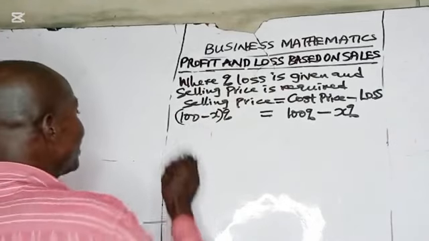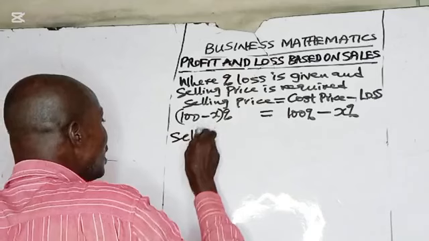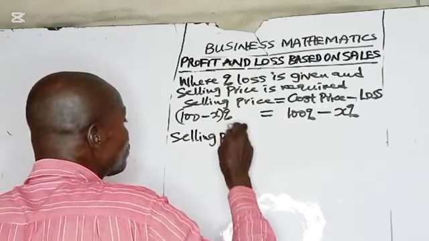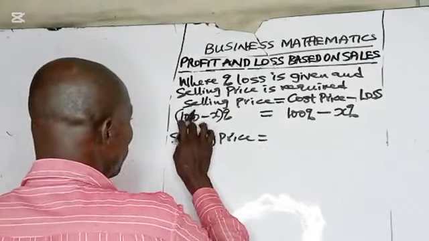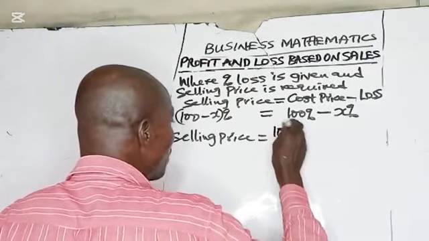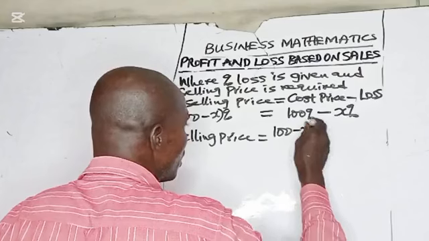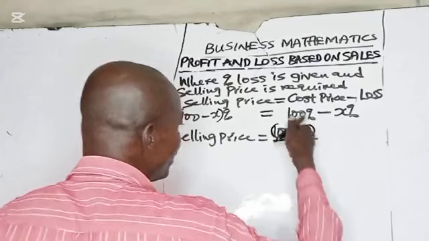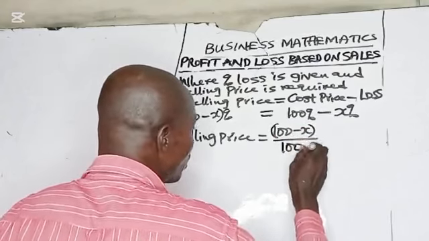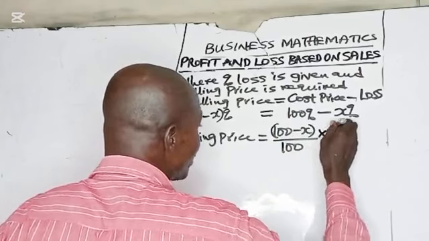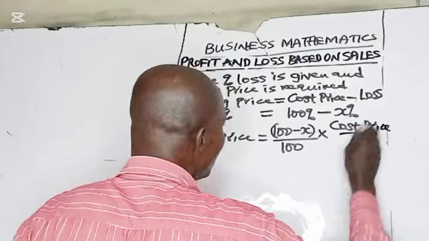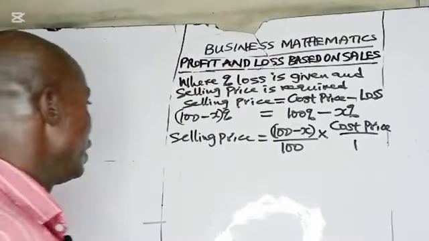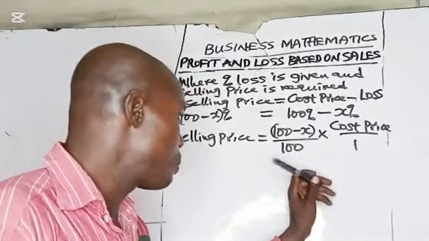So to calculate the selling price now, selling price equals what you have here as your percentage selling price over the denominator, which will be cost price, 100%, multiplied by cost price. This will give you the required selling price.